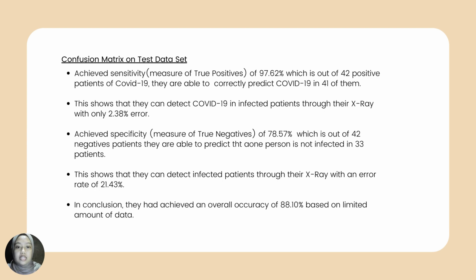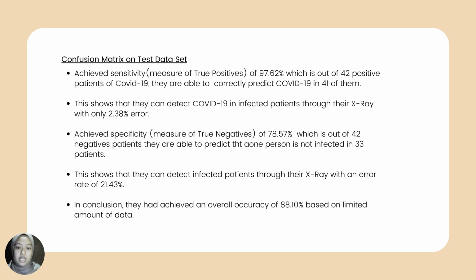So based on the test data set using the confusion matrix, it has achieved sensitivity, which is a measure of true positive, of 97.62%, which means out of 42 positive patients of COVID-19, they are able to correctly predict COVID-19 in 41 of them. This shows that they can detect COVID-19 in infected patients through their X-ray with only 2.38% error.